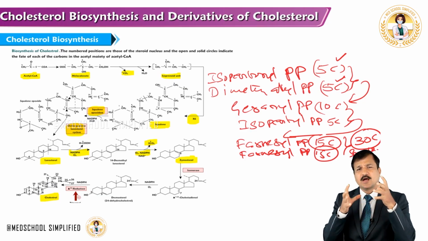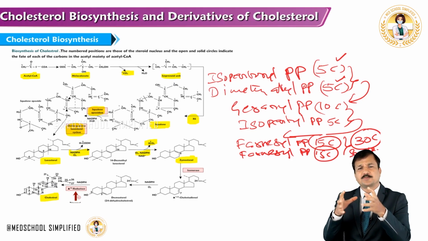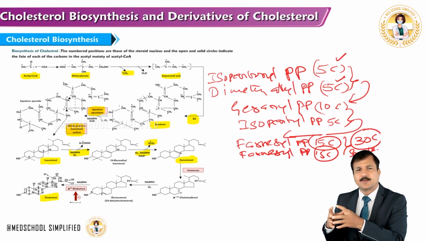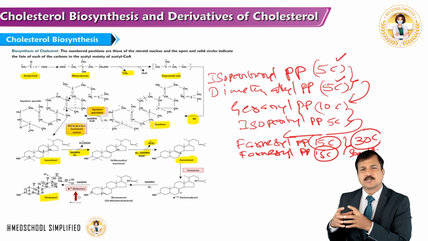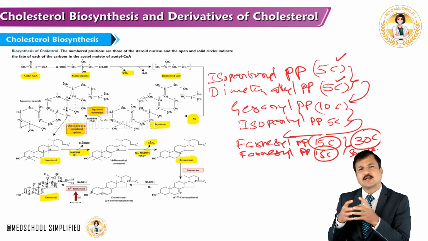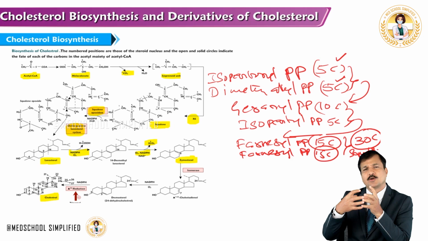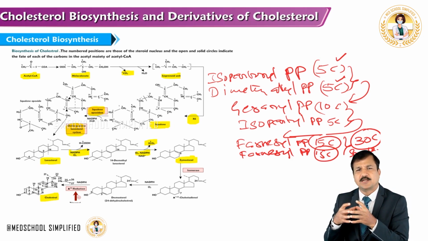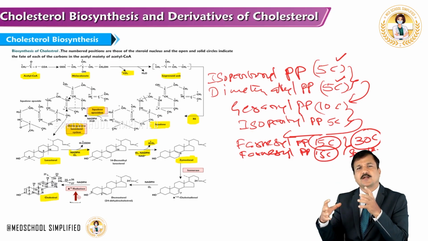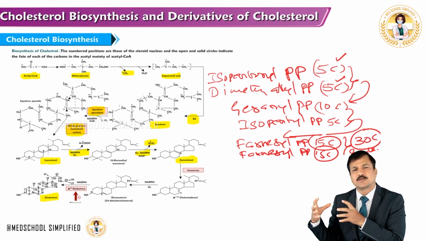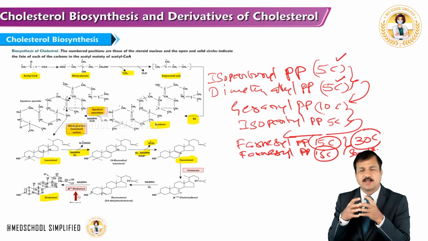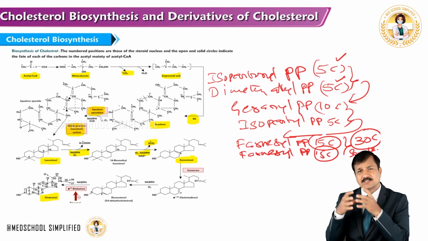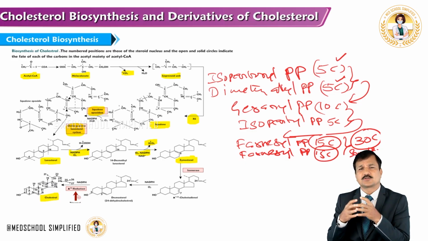So in that we have isopentenyl pyrophosphate converting into dimethyl allyl pyrophosphate. They both combine to make geranyl pyrophosphate, and geranyl pyrophosphate brings in one more isopentenyl pyrophosphate to make farnesyl pyrophosphate, and the farnesyl pyrophosphate attaches with one more farnesyl pyrophosphate, making a 30 carbon squalene. So like this 6 isoprenoid units are combined to make squalene.